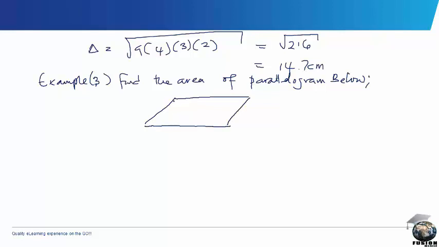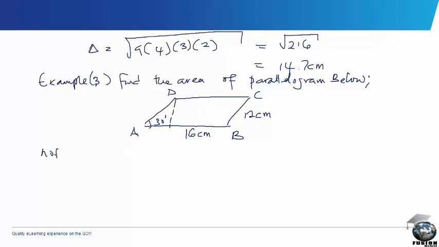At this point the parallelogram subtends an angle of 30 degrees here, and the base is 16 centimeters. You have 12 cm at this point. You have D, C, A and B. So how do you find the area of this parallelogram?